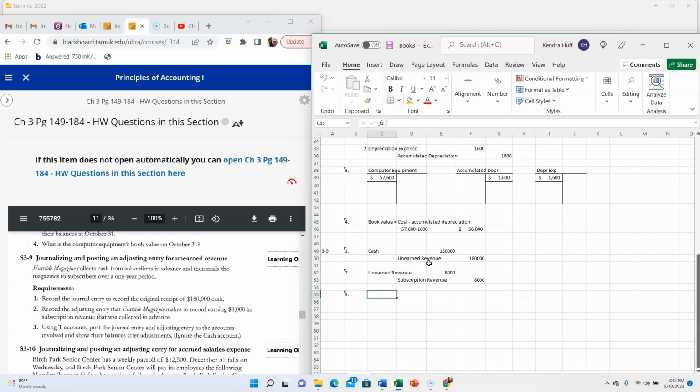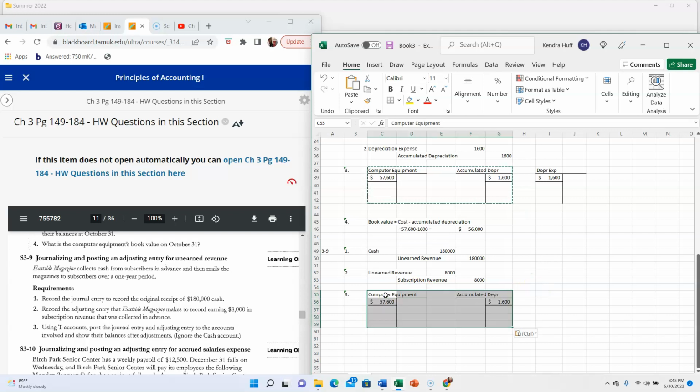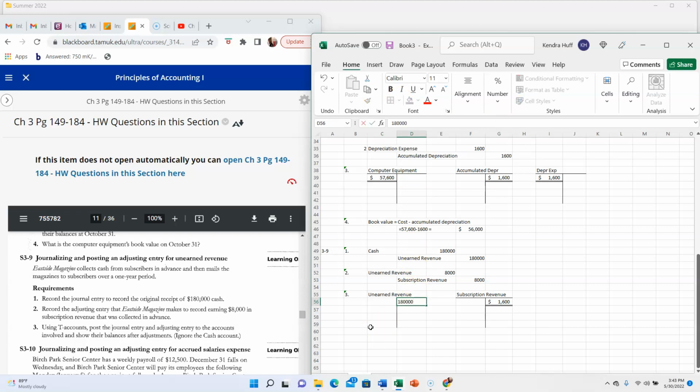All right, using T accounts, post the journal entry and the adjusting entry to the accounts involved and show their balances after adjustment. I'm just copying these two and I will change their names. So I have unearned revenue and subscription revenue. So unearned started with $180,000 credit.